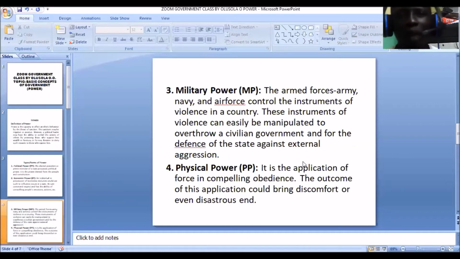So military power, and this class of people usually come to power through what we call coup d'etat. Coup d'etat is the overthrow of a civilian government. And Nigeria had this experience on January 15th, 1966.